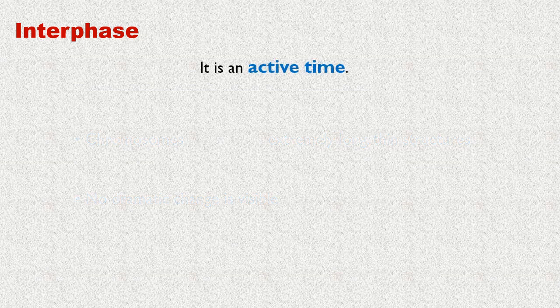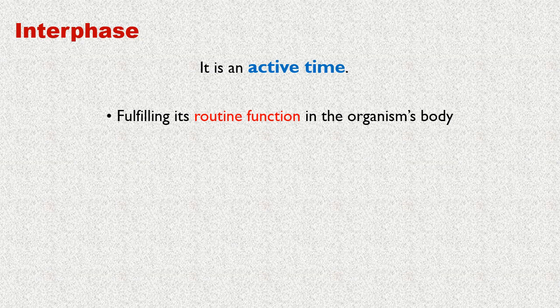Interphase is an active time. The cell is fulfilling its specialized or routine functions in the individual's body. And, in terms of the cell cycle, interphase is the stage during which a cell prepares itself for cell division.